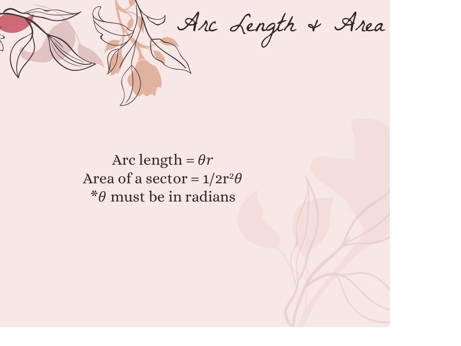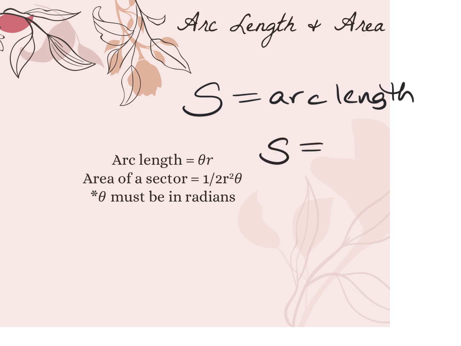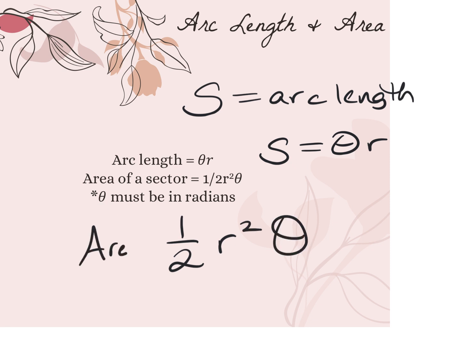Arc length is indicated by a lowercase letter s. So when you see an s, they're referring to arc length. So it's theta times radius. And then area of the sector is 1/2 radius squared times theta. So this would be for the area of the sector or the piece of pizza.